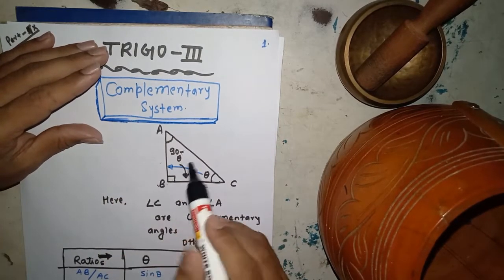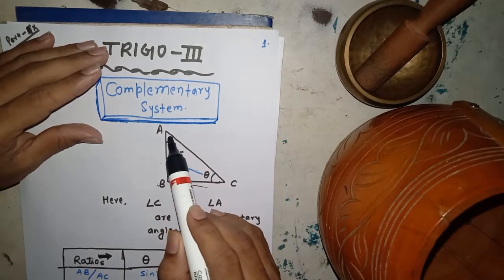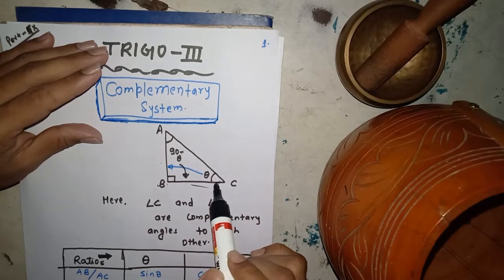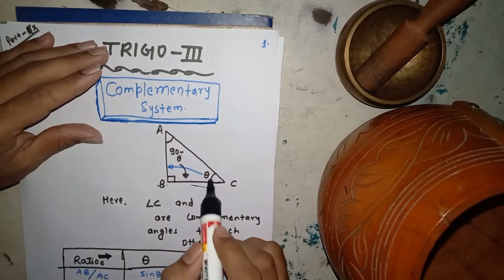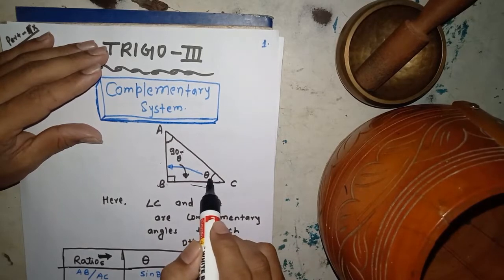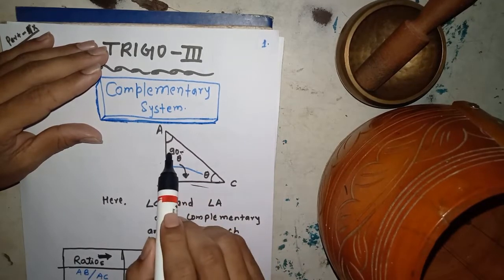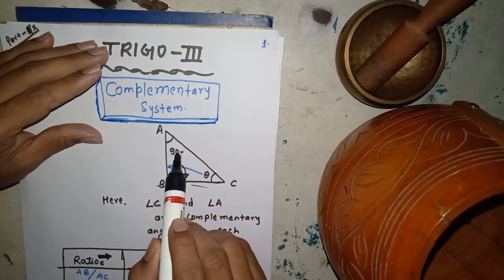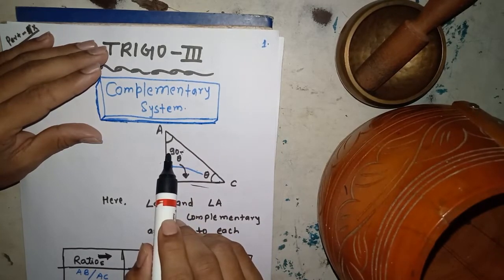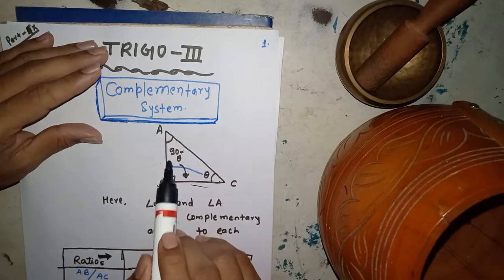So here, if I take a right angle triangle ABC, you can see here, if I consider this angle as theta, then you can calculate by yourself that this angle must be 90 minus theta. Are you getting?